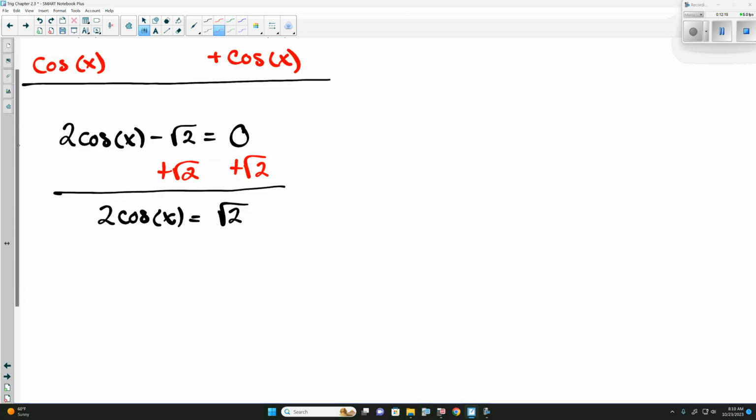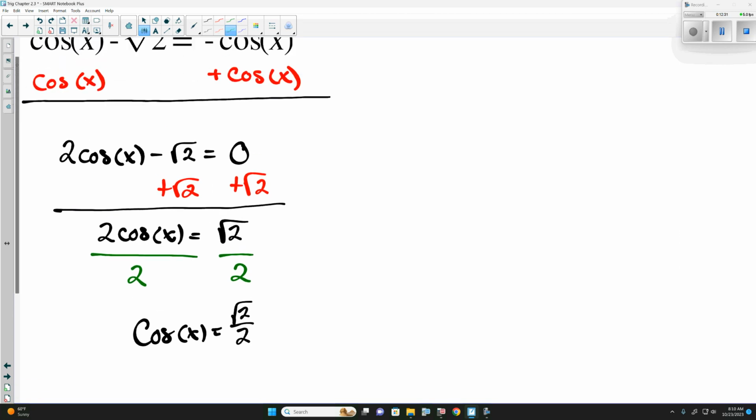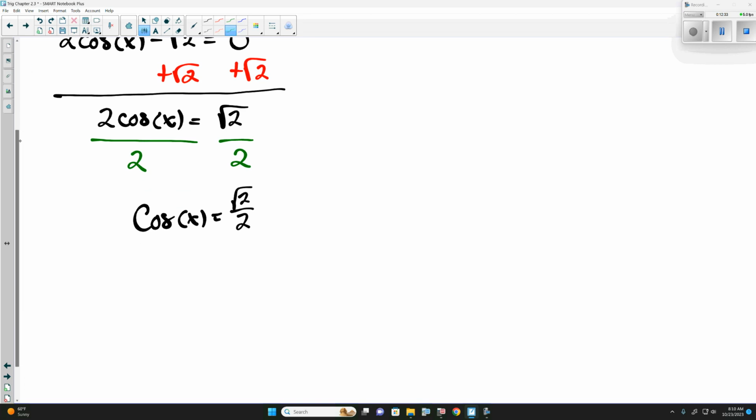So we had 2 cosine of x equals square root of 2. At this point, we can divide both sides by 2, telling us cosine of x is equal to the square root of 2 over 2. Now again, just like with the last one we just did, square root of 2 over 2, that's on the unit circle.